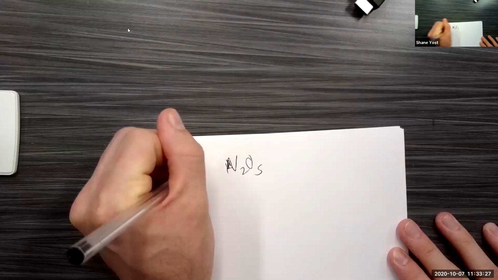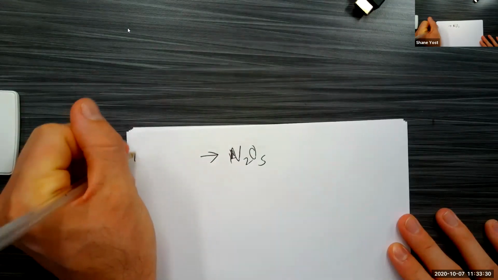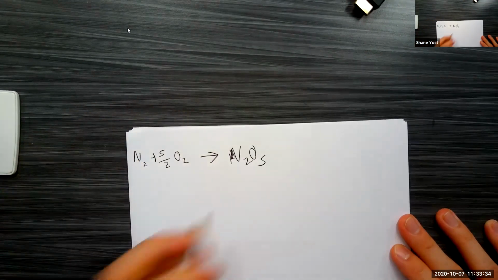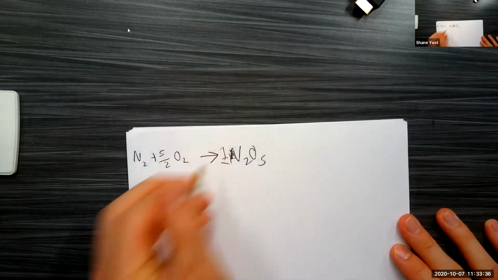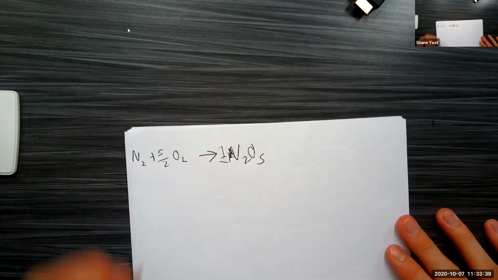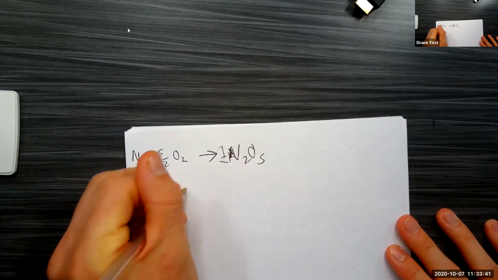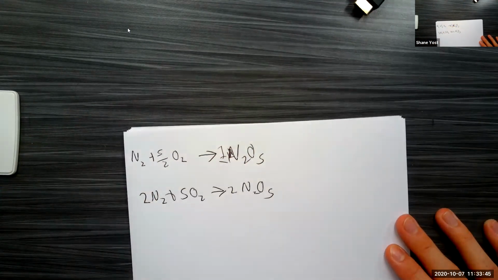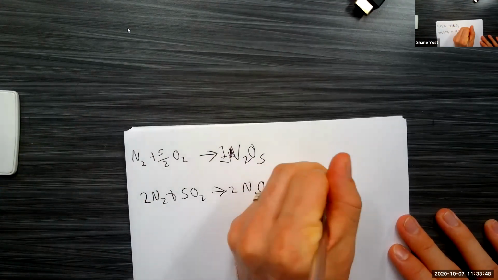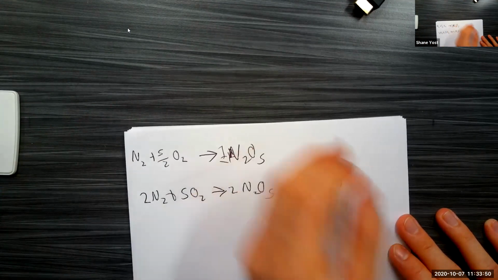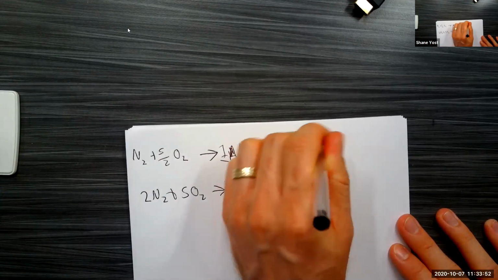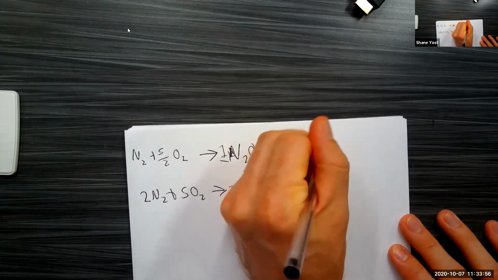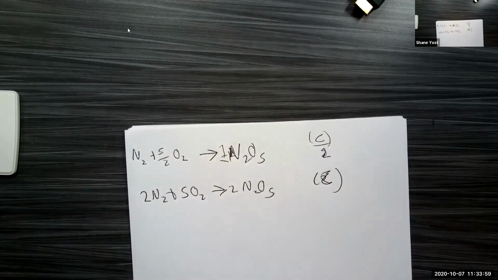The formation reaction of N2O5 is N2 plus 5 halves O2 forming N2O5, with the stoichiometric coefficient of 1. If you did 2N2 plus 5O2 going to 2N2O5, you will get the answer C. But it should be the answer C divided by 2, which is not there. And so it is, in fact, E, none of the above.